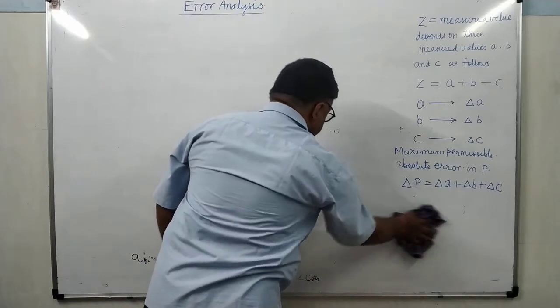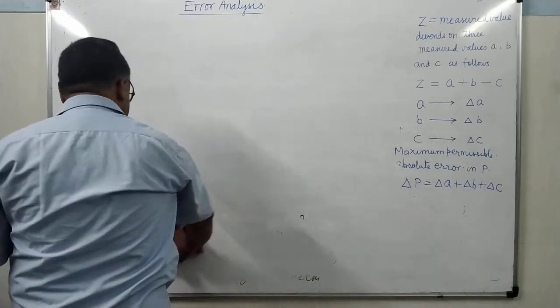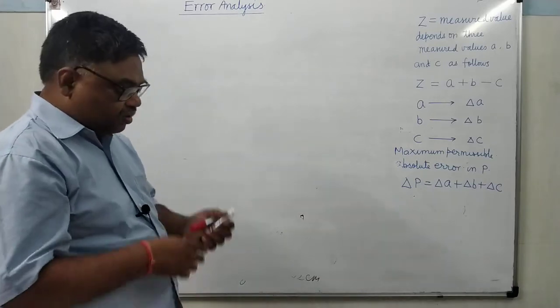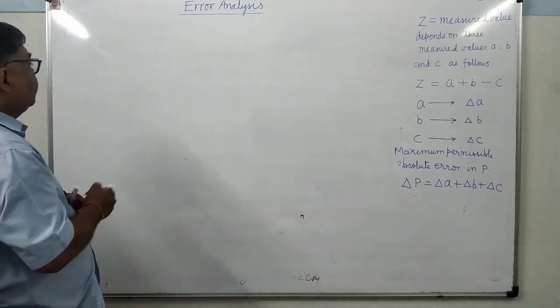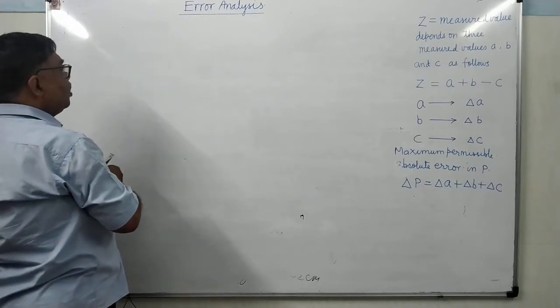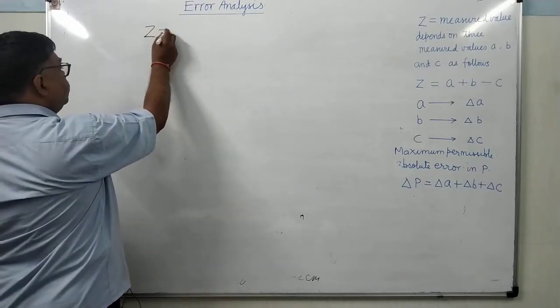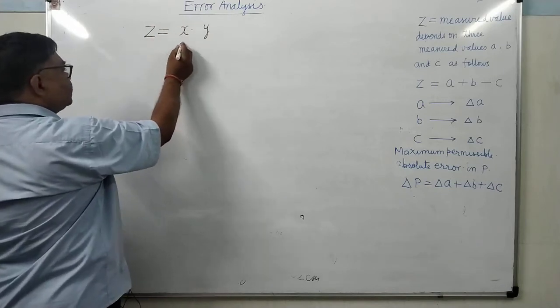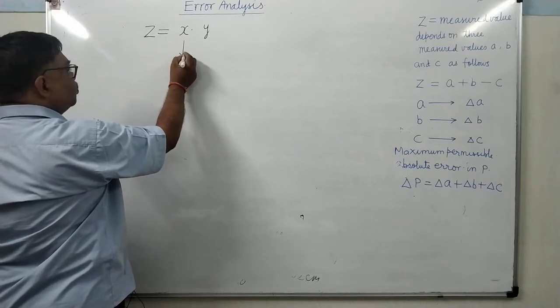Some measured values. If the end result Z depends upon the product of the measured values, we see here we have taken Z equals X into Y. Here X and Y are the measured values.